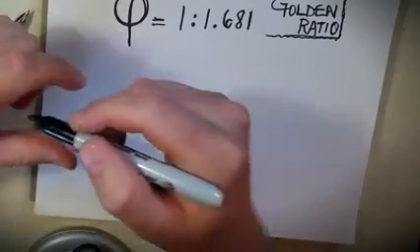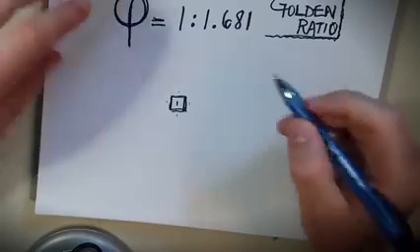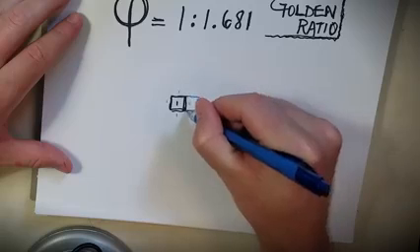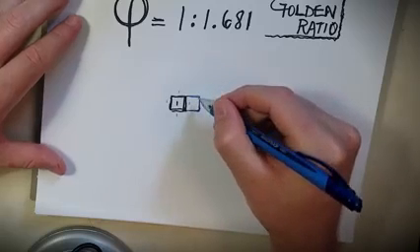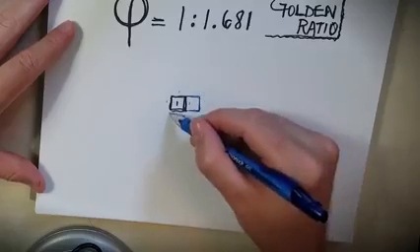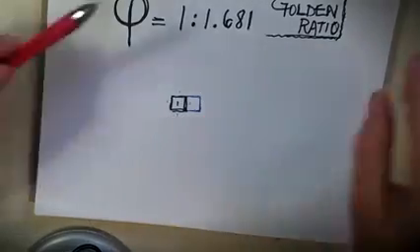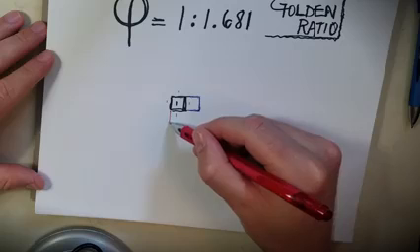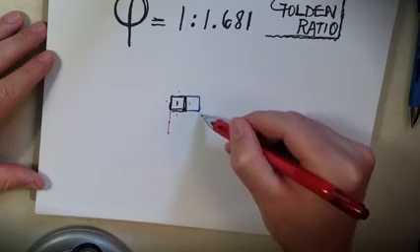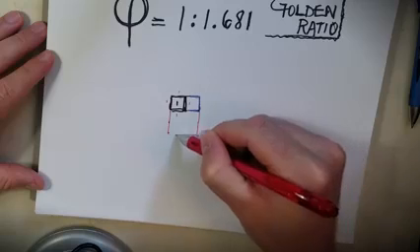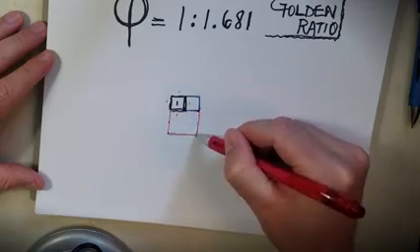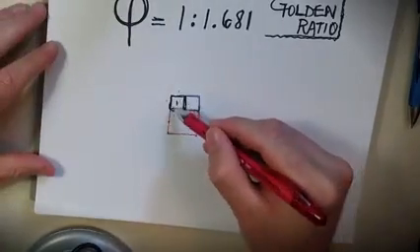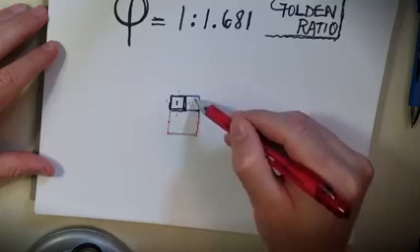If we continue this pattern, let's continue it with blue. I'm going to draw another square with sides of length 1 unit. And then I'm going to draw a square underneath this with a side length of 2 units. So there, that's roughly 2 units.